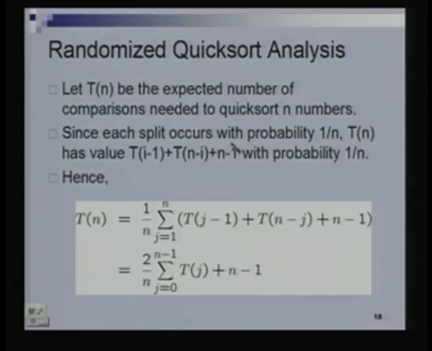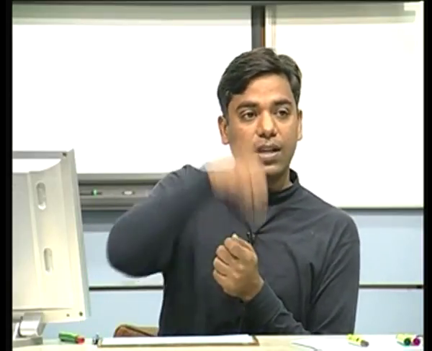Now depending upon what the pivot was, if the pivot was the ith smallest element, then on one side how many elements am I going to get? Let's say I get i minus 1 on one side and n minus i on the other side, and the ith element is already at the right place.